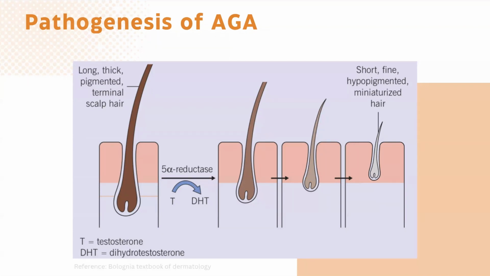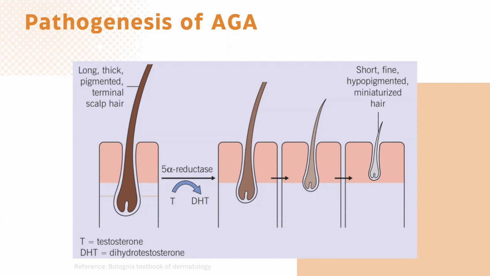The other thing is that with each cycle, the anagen phase becomes shorter. When the anagen phase becomes shorter, that means it will not last longer, so the hair will get into the telogen phase quicker. So one of the other changes is that the anagen phase will be shorter.